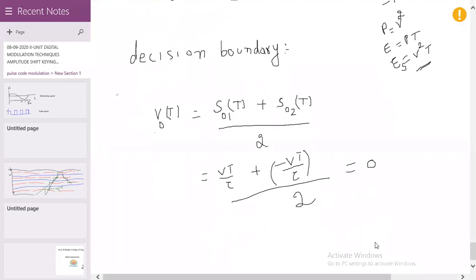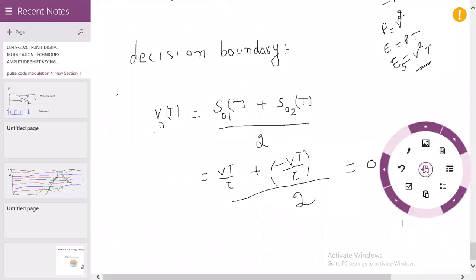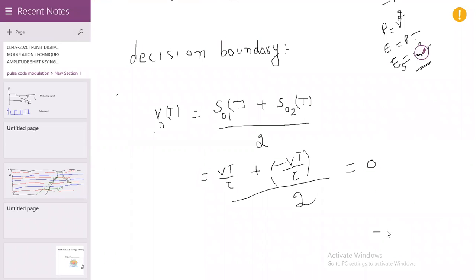That is the decision boundary. Here we can indicate the decision boundary at reference 0. If a positive voltage is there, the output voltage V naught of T is above it. That means if the received signal is positive, S naught 1, that is logic 1, meaning plus V volts are received, the output voltage is close to S naught 1 of T, above the decision boundary with positive values.